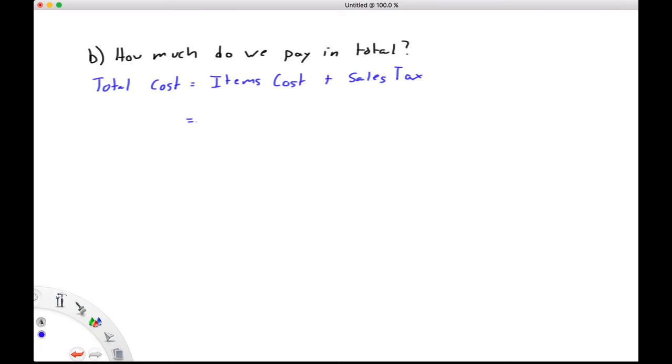In other words, $89.17 plus 6.69, and if we do that math, 89.17 plus 6.69, that's going to total to $95.86.